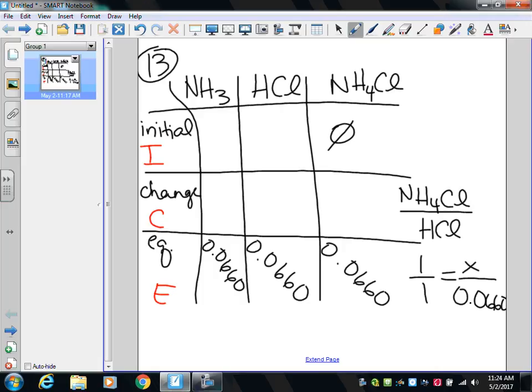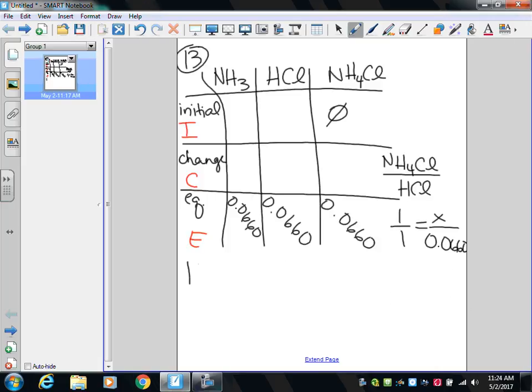So when we are dealing with our question, remember that our formula Ksp is products divided by reactants, right? Now, what is my equation going to look like without putting numbers in? Just the formula at first.